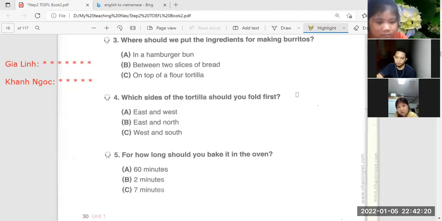The most important thing in making burritos is folding up the tortilla. First, you fold over the east and west sides to cover the ingredients. Then pull the south side over the east and west sides as you roll northward. Wrap your burrito up in a foil and bake it for 5 to 10 minutes in the oven. Finally, all you have to do now is to enjoy your tasty burrito.